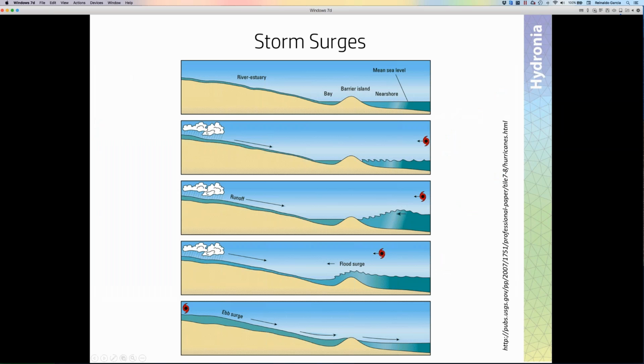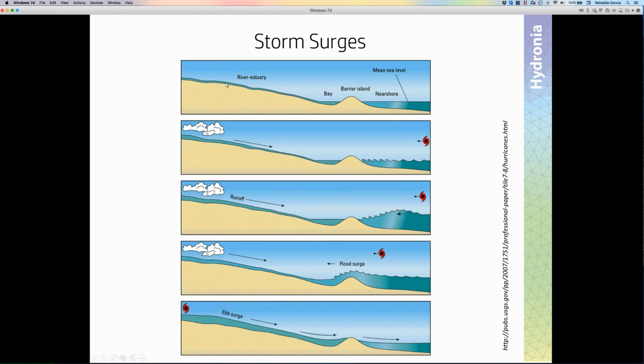And they're mainly generated by tropical storms, even subtropical storms as well, hurricanes and so forth. And these graphs here, taken from the USGS website, illustrate how they can affect coastal areas.